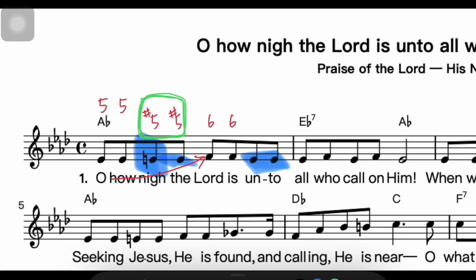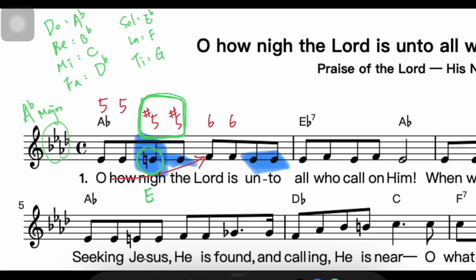It's because this should be E. Okay. And then if you still remember, in F flat measure, here, so should be E flat. But now we have an E here, so they are so at one shot.